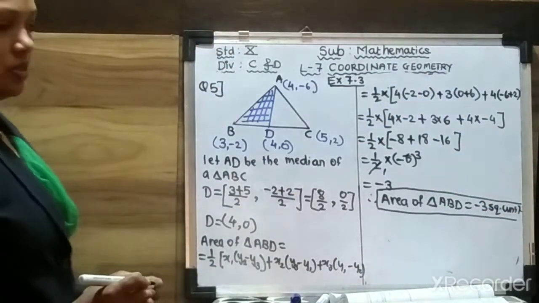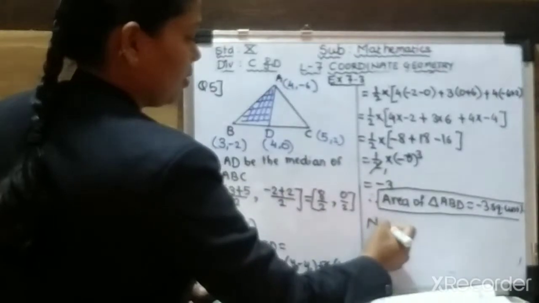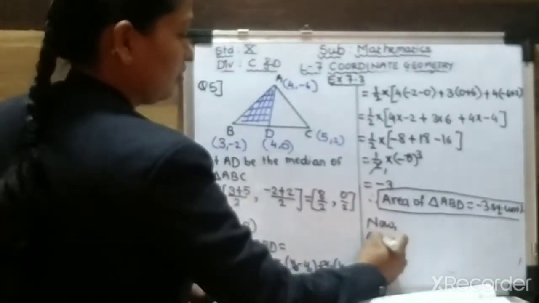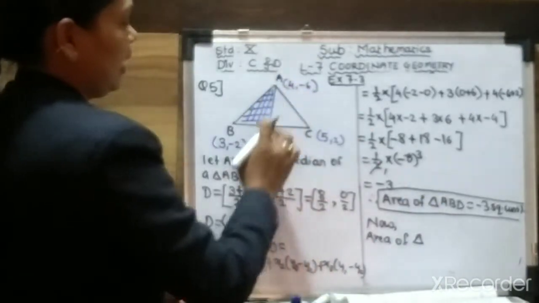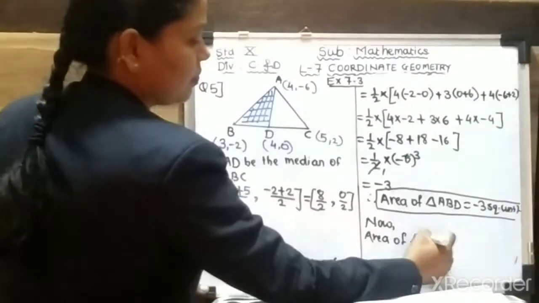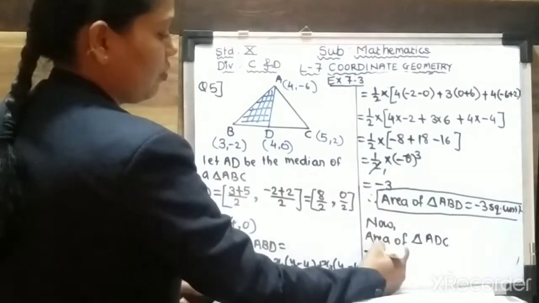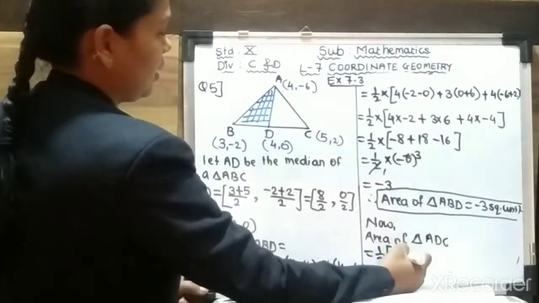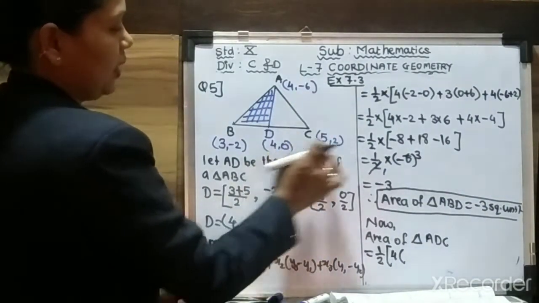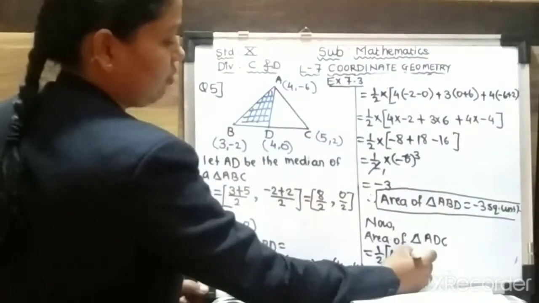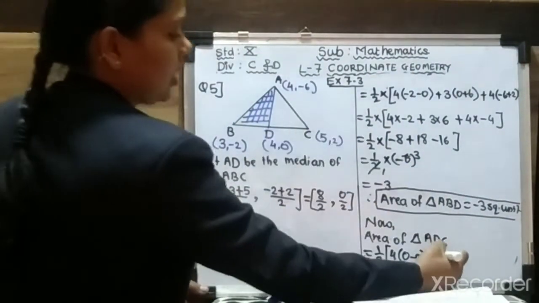Understood this one? Similarly, we will see area of triangle ADC. Now, no need to write the formula again. So, we will write here half inside a bracket 4, then y2 minus y3, 0 minus 2, plus x2 is our 4.